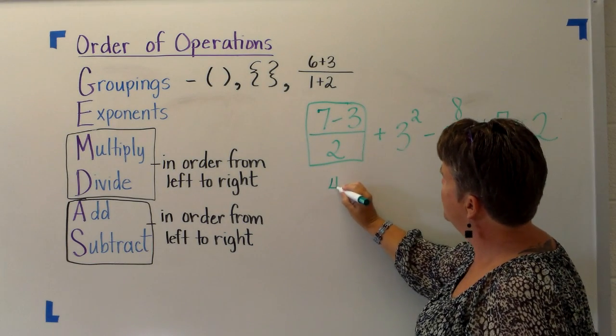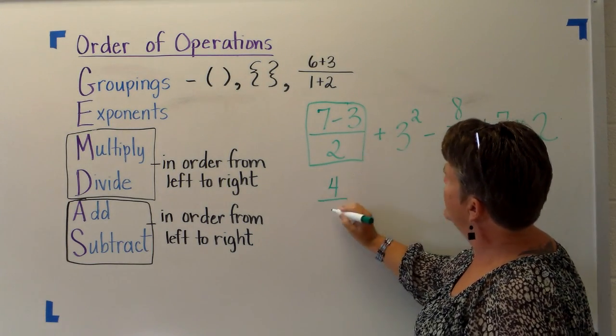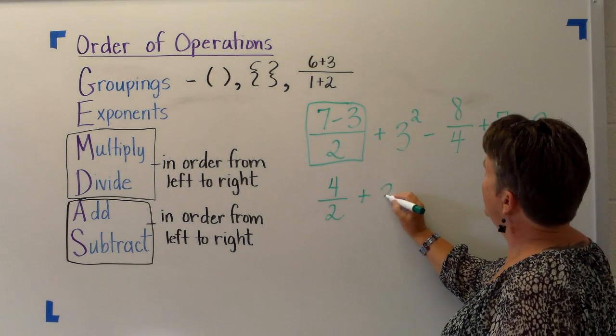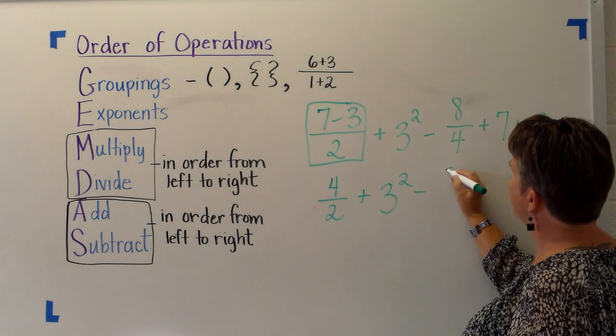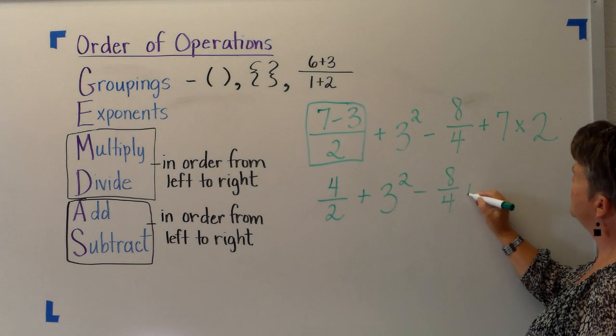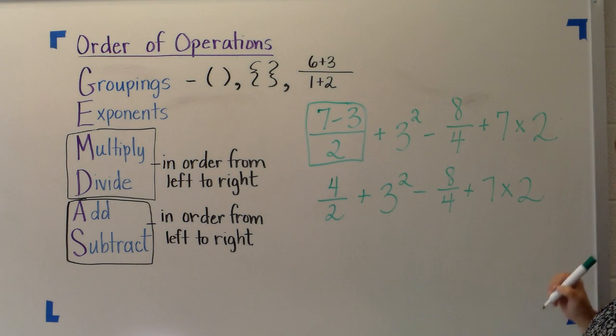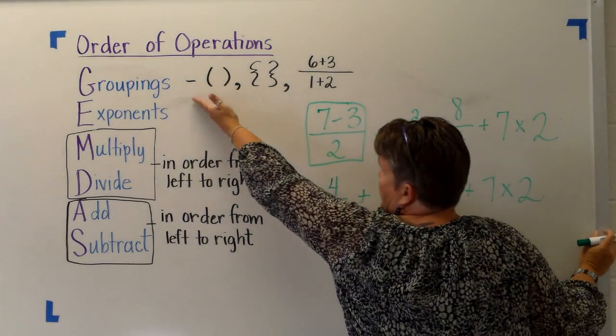Directly below we write the 4 over the denominator of 2 and we copy down the rest of the problem exactly like we see it above. Can't change it up. Staying with groupings until I'm finished.